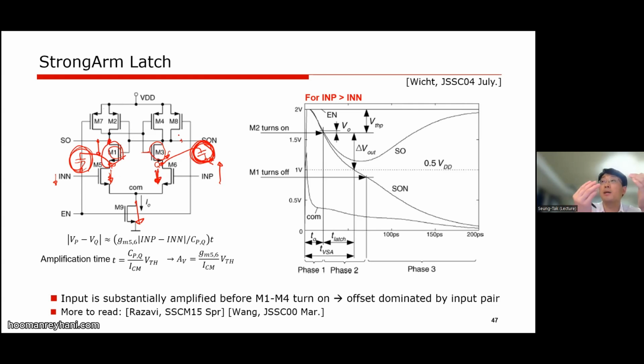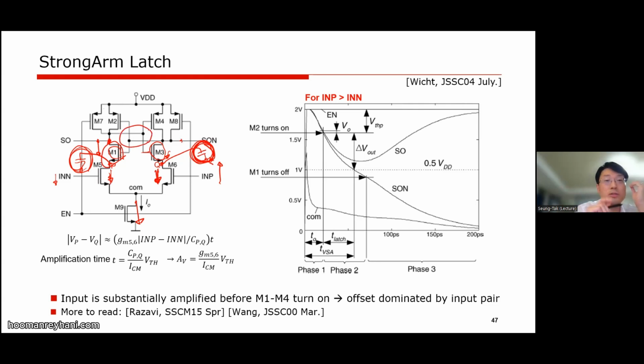So this makes an offset. Unlike a static circuit, because the dynamic amplifier works in a current-capacitor discharge manner, any parasitic difference will make an offset.